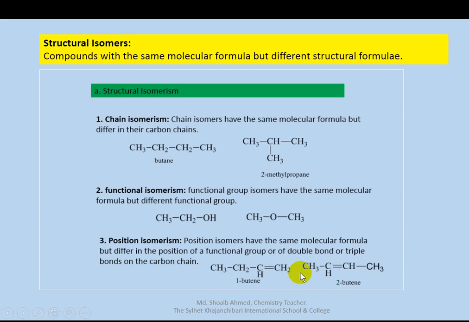Same molecular formula but the position of the functional group, or double bond, triple bond, is different. This is the position isomer. A chain isomer has the same molecular formula but the chain is different.